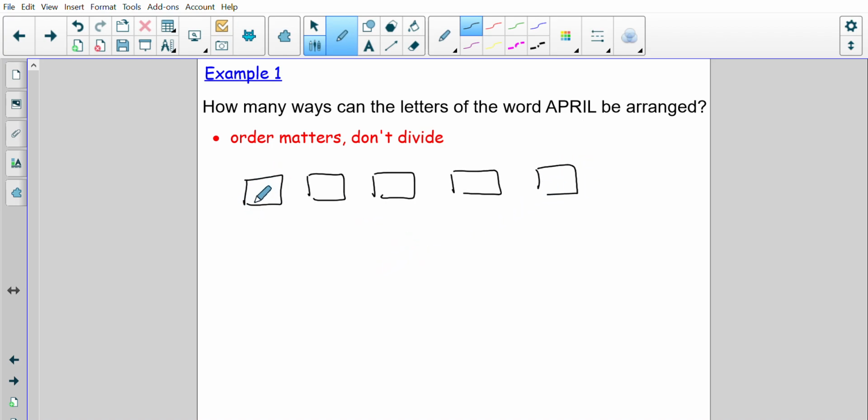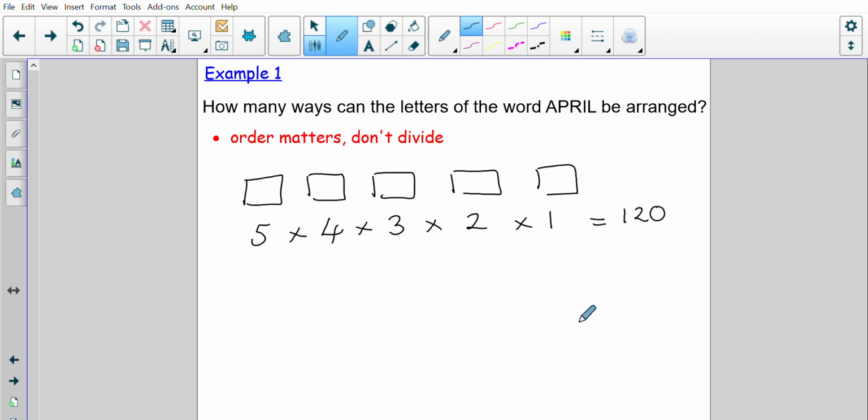In the first position, I've got 5 letters to choose from. In the second position, because I've already chosen one letter, I've got 4 letters to choose from. In the third position, I've only got 3 letters to choose from, etc. Then I multiply these together using the product rule for counting, and I get 120 different arrangements of the letters in the word April.